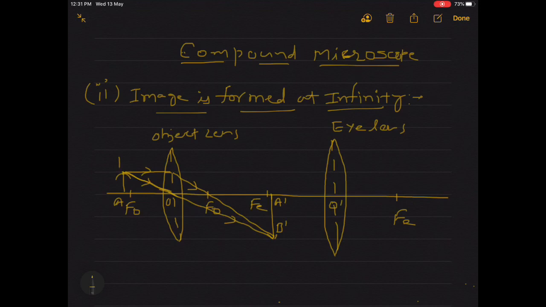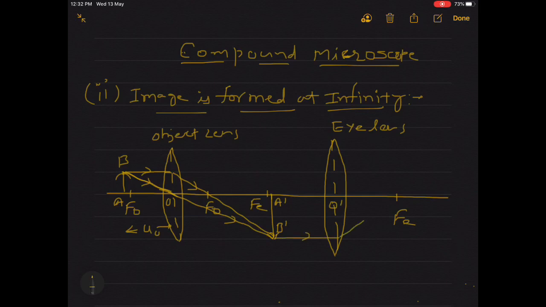So this is AB, object distance for the object lens is UO. AB is object here and A dash B dash is image formed by the object lens. This will act as an object for eye lens.